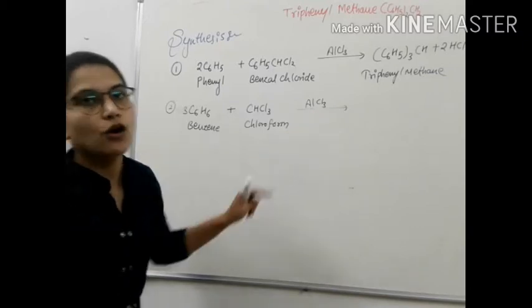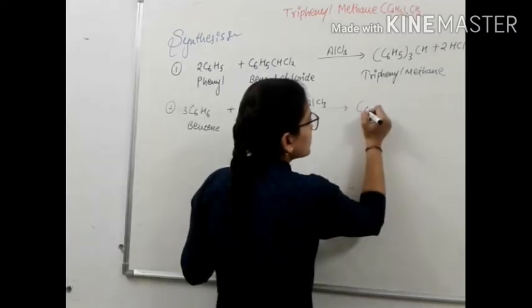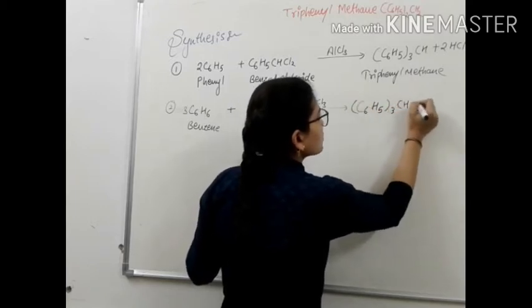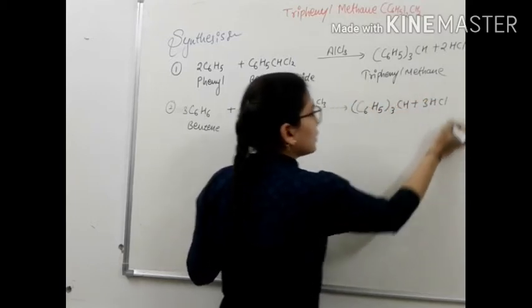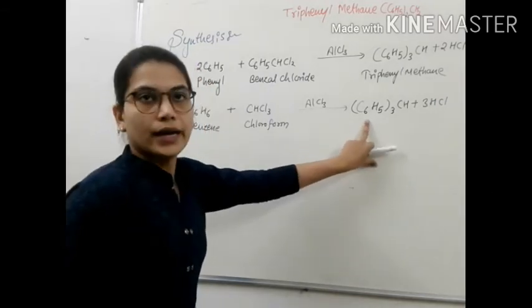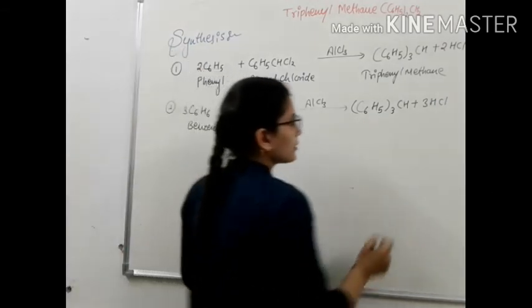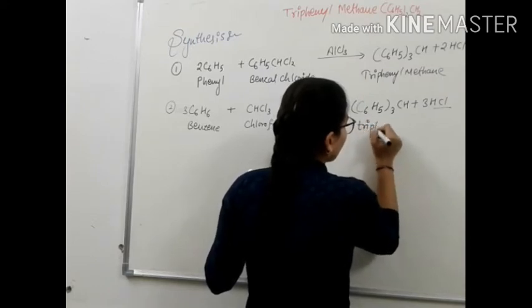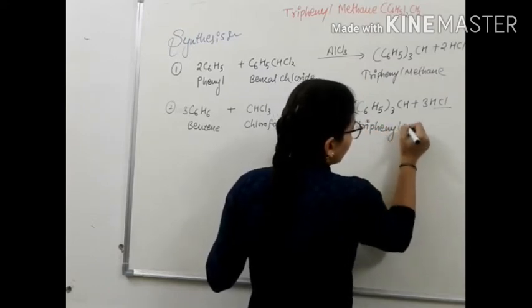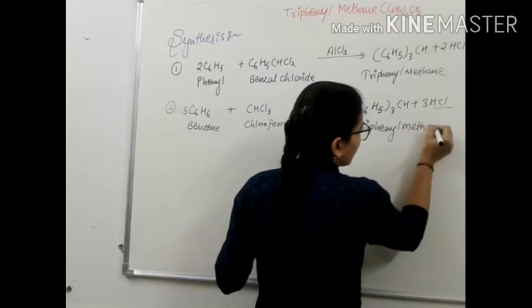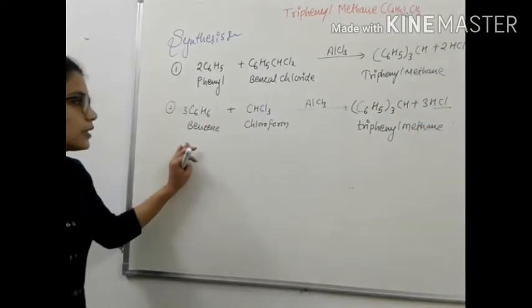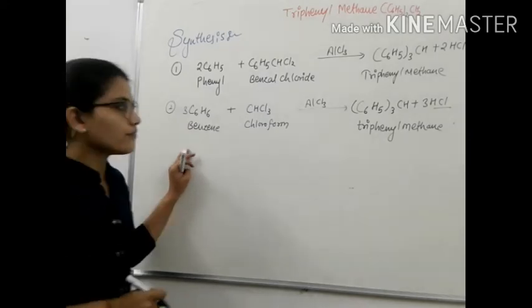The formation of again (C6H5)3CH plus 3 HCl. This is the structure of triphenyl methane and HCl. So it is the second method of triphenyl methane.